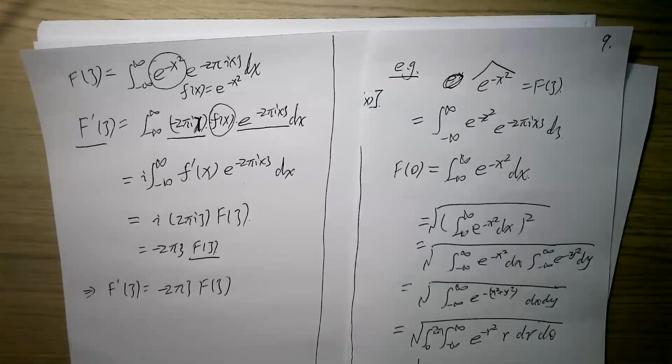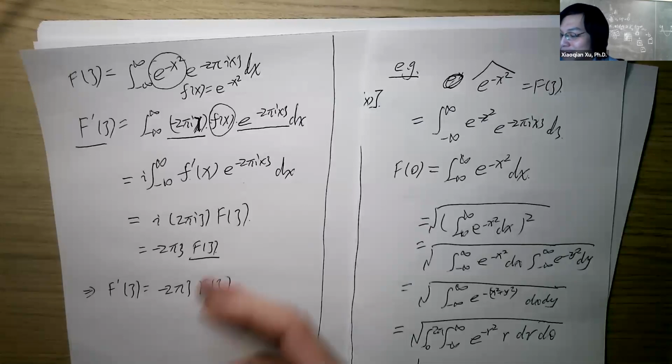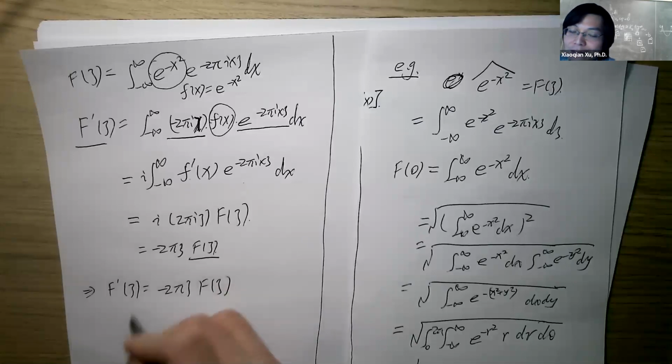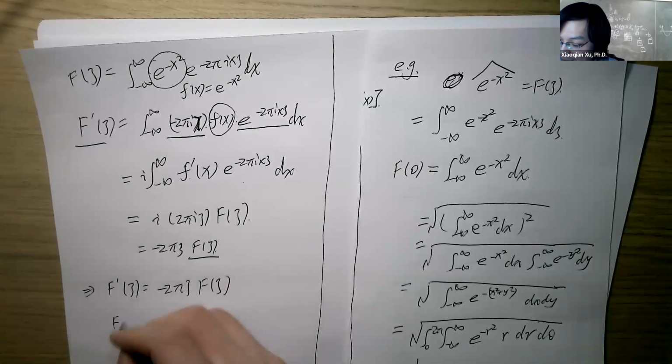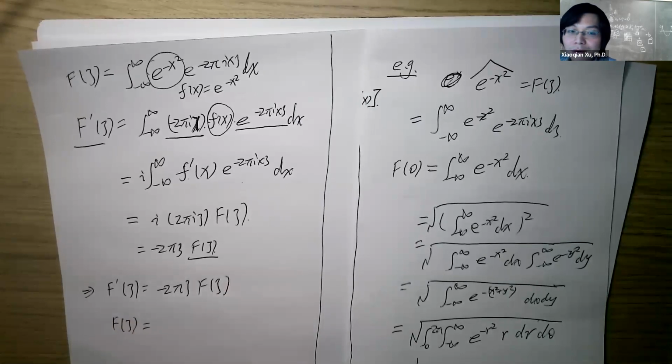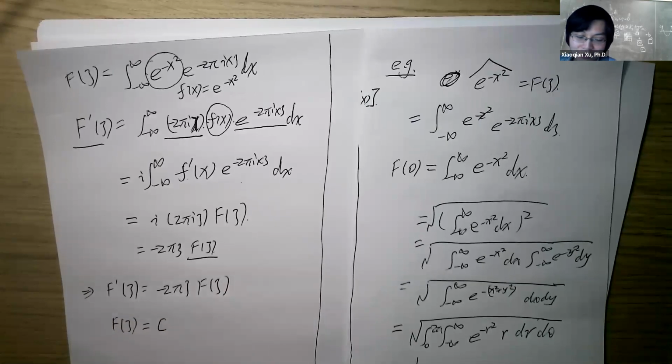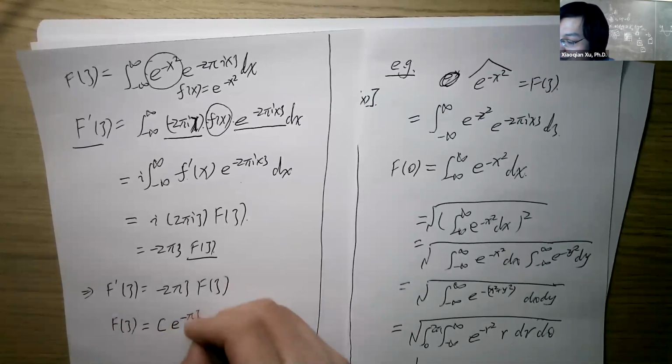It's not really called separation of variables; you just divide by F(ξ) on both sides and take the integral, right? Then you'll find the left hand side is log F(ξ), and the right hand side is minus πξ^2. So F(ξ) must equal some constant times e^(-πξ^2).